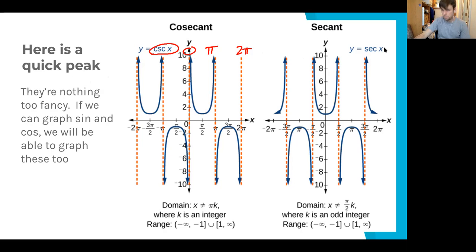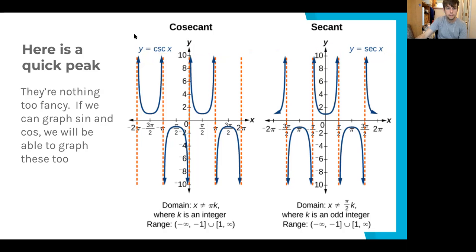For the secant graph, we have asymptotes at pi over 2 and -pi over 2 and -3/2 pi and 3/2 pi. You can see those asymptotes at regular intervals. Notice that these asymptotes are exactly pi units apart each time in the case of these basic graphs and basic equations. That is related to our period, half of our period, to have these asymptotes appear.